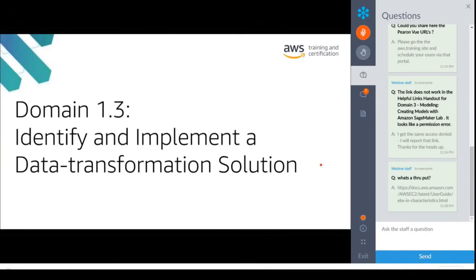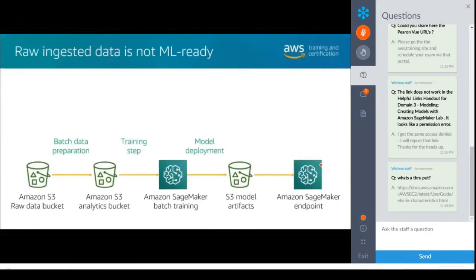And the last subdomain in this data engineering side is identify, implement data transformation solution. So the thing is, the raw data that you receive is not ready for training. You need to do something right here to transform the data from raw to training ready.